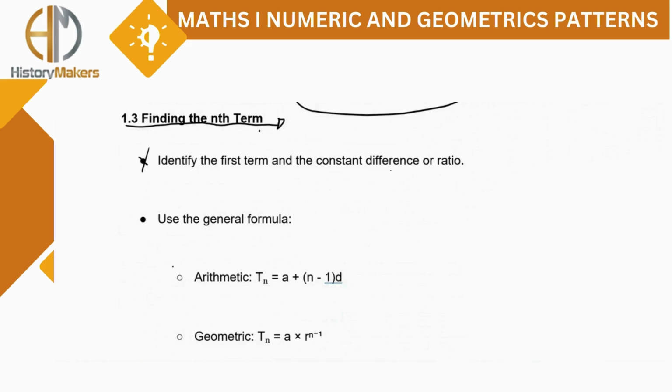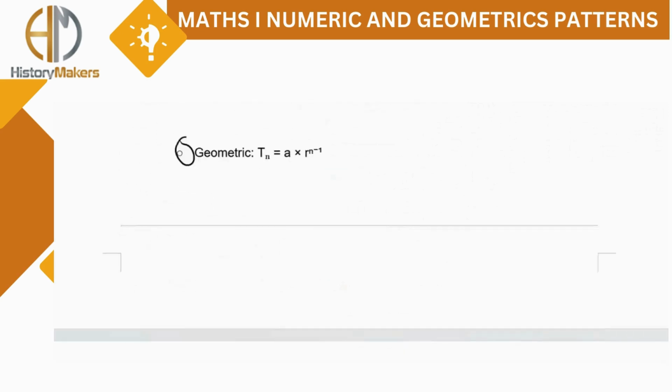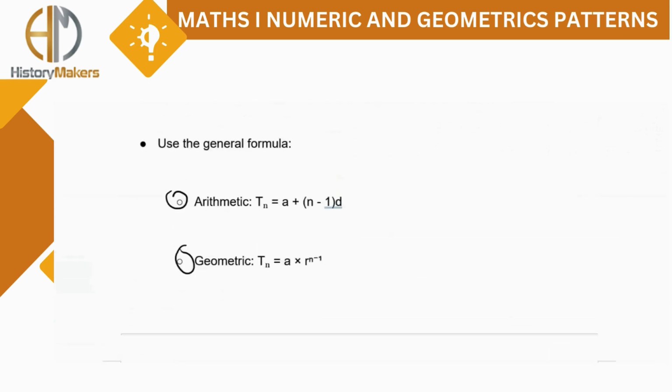So we have a general formula for arithmetic and a general formula for geometric sequences. These are the only two formulas we have. These general formulas are what we are going to use to find our Tn.